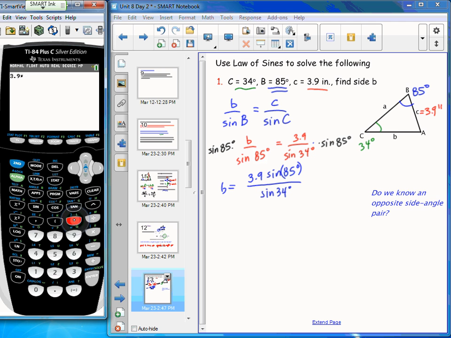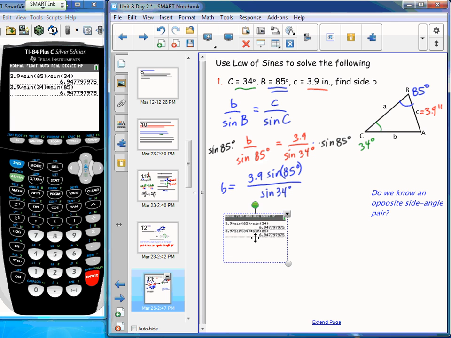Make sure you close your angle input before pressing divided by sine of 34 degrees. And I'm going to do it the way in red as well. If we had just done 3.9 and then divided by sine of 34 degrees first, and then multiplied by sine of 85 degrees last, we should get exactly the same thing. Do we? Yes, we do. Math works. So it looks like we get about 6.95.